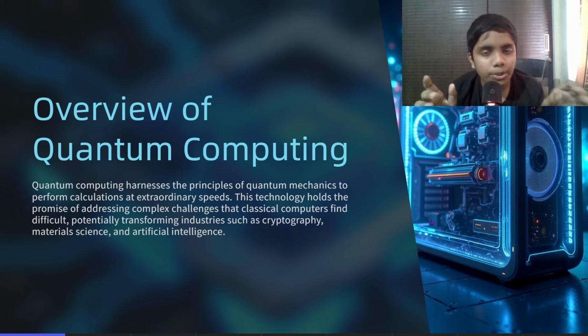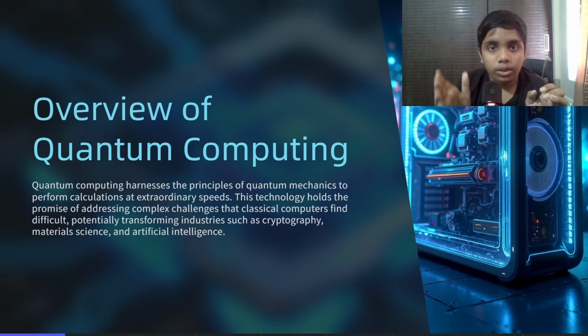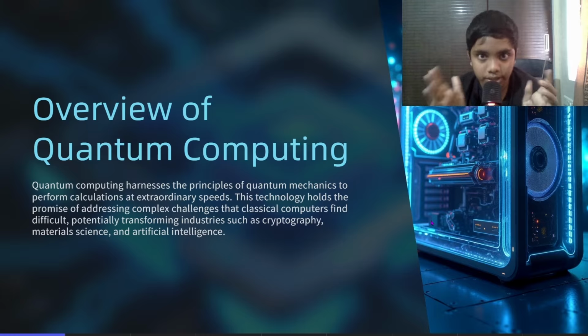Our classical computers are not perfect yet. There are very complex problems they couldn't solve, or they would take 10,000 or millions of years to solve. But a quantum computer can solve them in less than a second. So that's the power of quantum computers. They work very fast.